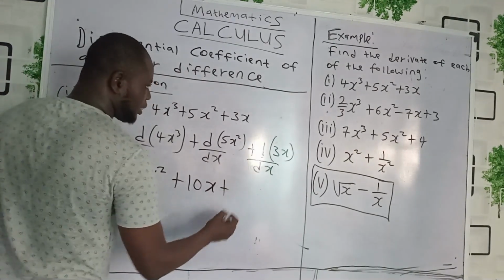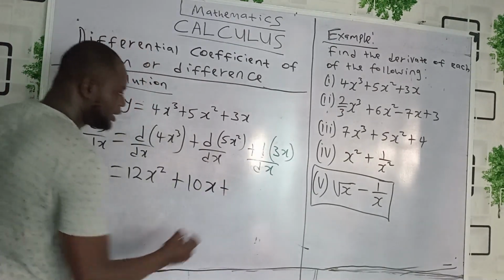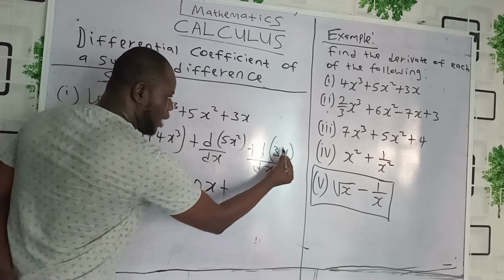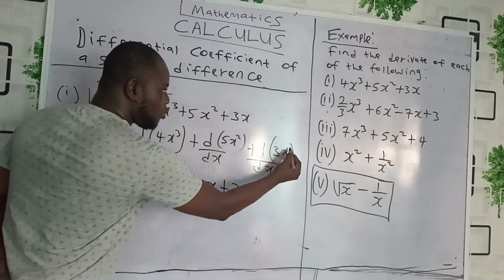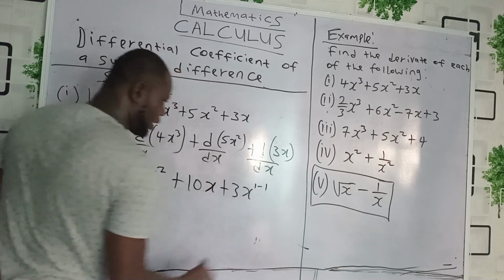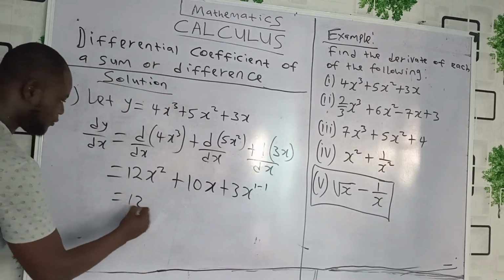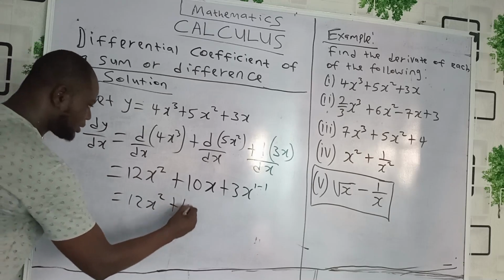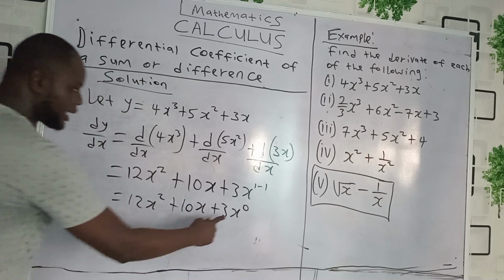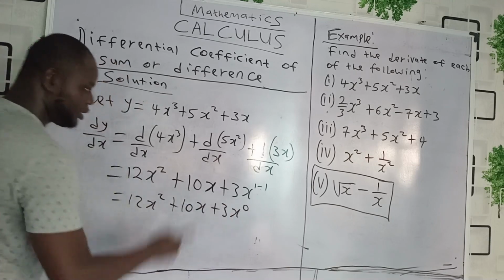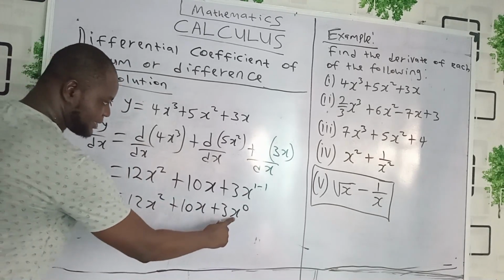Plus what? Now, 3x. The power here is 1, and 1 times 3 is 3. Then x raised to power 1 minus 1. Are you with me? So now it will be 12x raised to power 2 plus 10x plus 3x raised to power of 0. And don't forget, x raised to power of 0 will be 1, provided x is not equal to 0.